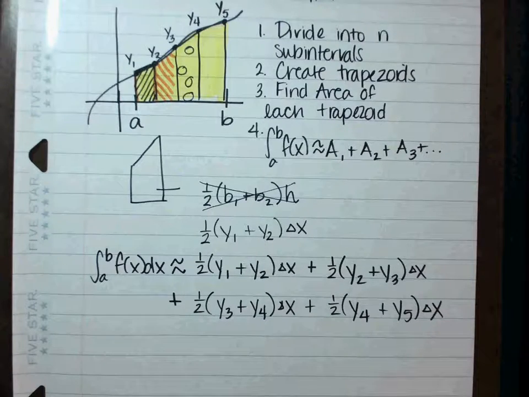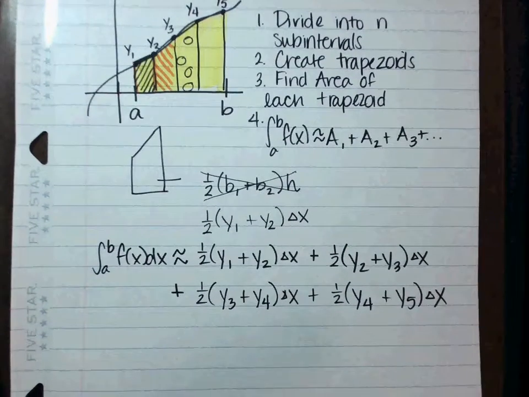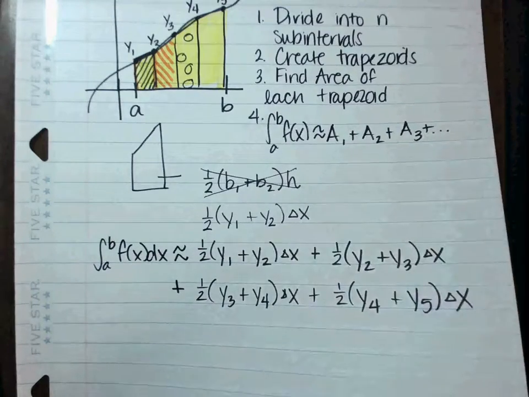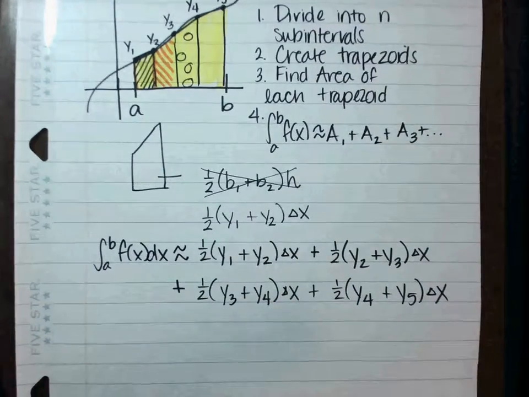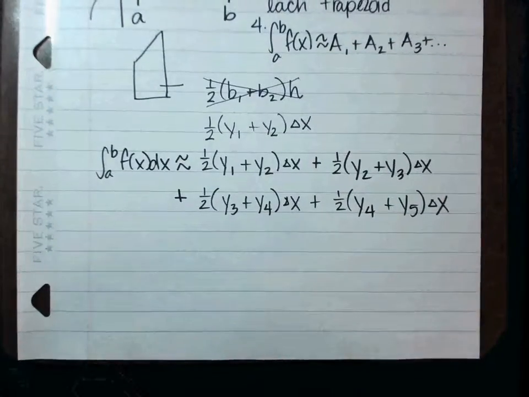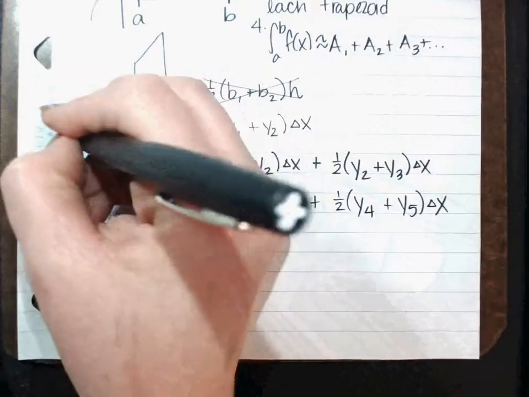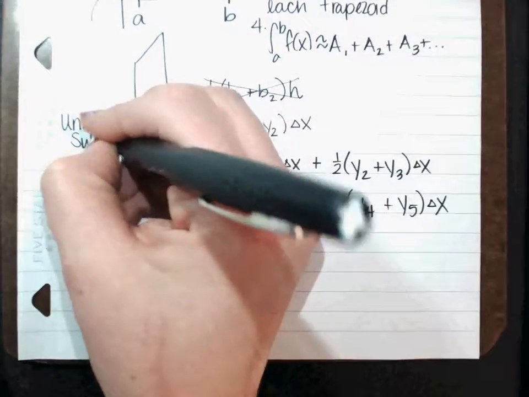Now, that is the expanded rule. You have to do that formula if you have unequal subintervals.